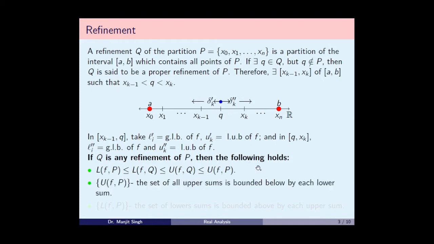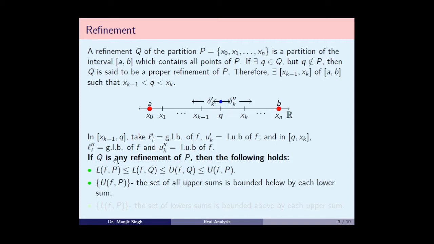These are interesting because on the basis of these conditions we will define the upper integral and lower integral, and hence the integrable function. You can see here that the lower sum of a partition is always less than or equal to the upper sum with respect to the same partition.